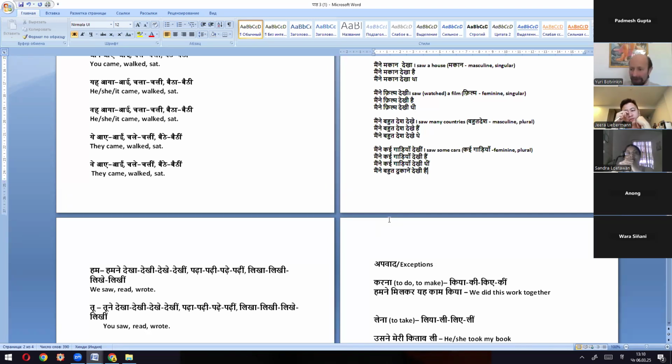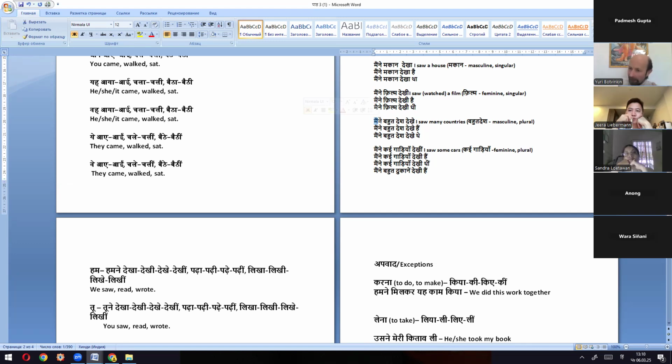Now, with this postposition ne, what we should remember here, you see that the main pronoun does not change before ne. Like we say main in nominative case, the same we will say maine. We will not change main into its indirect form. We know the indirect form, right?